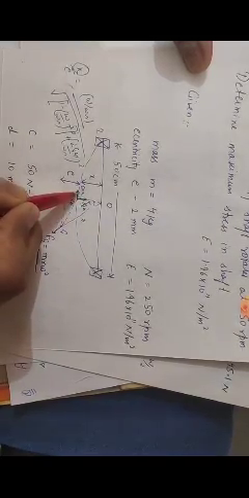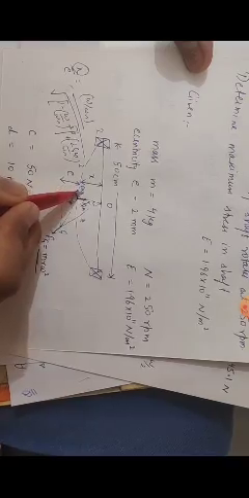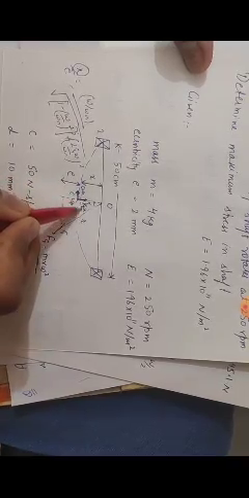This is the restoring force kt into x, and in this direction our damping force is acting. The value of the damping force is c omega x, and the restoring force is kt into x. So the resultant dynamic force will act in this direction.